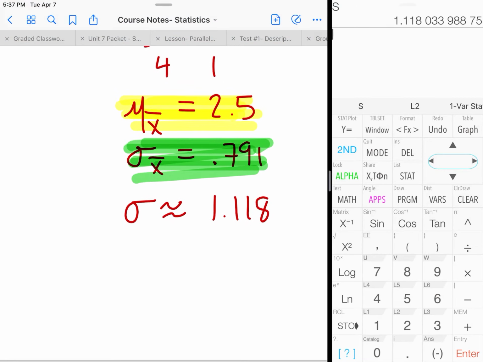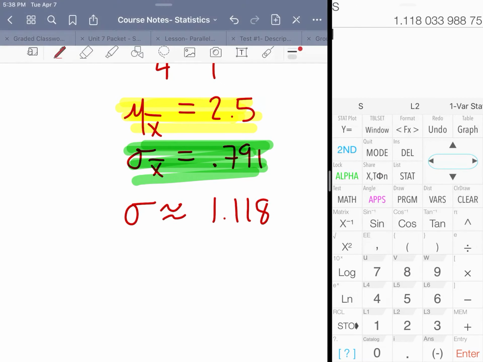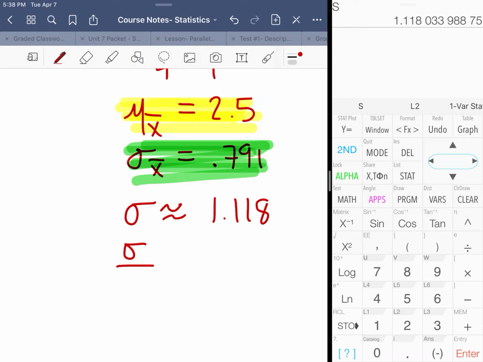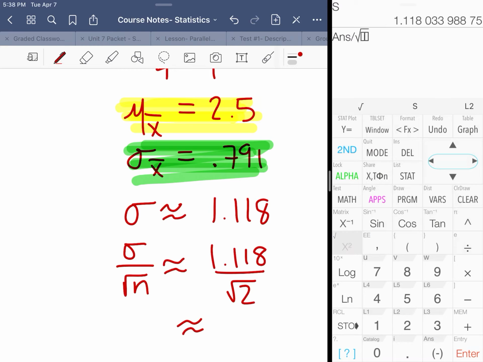If I take that and divide it by the square root of n, so about 1.118 divided by the square root of 2, look at that, about 0.791.